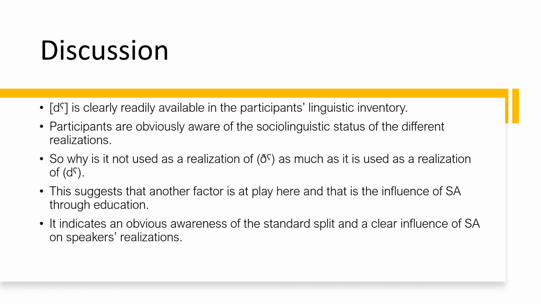Which suggests that another factor is at play here. That would be the influence of Standard Arabic, which comes through education. This disparity in the variation across the two variables shows that there's an obvious awareness of the standard split, and shows an influence of Standard Arabic on their choices and their realization.